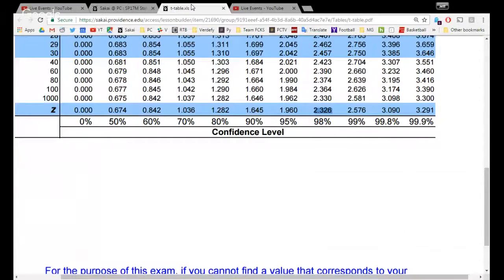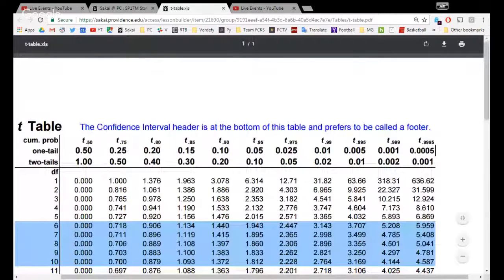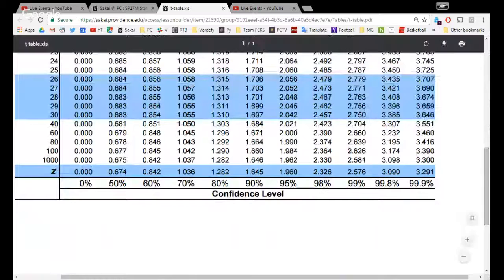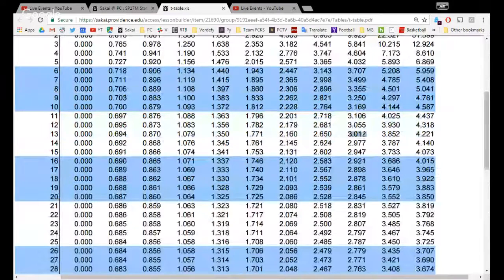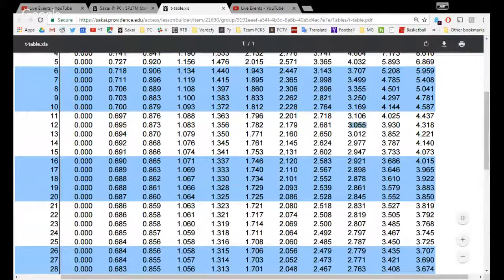Cool. Back to the t-table. This is a two-tailed test. The 0.01 significance level means this is the column that we need. And we come down here to the bottom where it says Z, and we ignore that value because our standard deviation is S. We don't use Z. Our sample size of 13 minus 1 means 12 degrees of freedom.